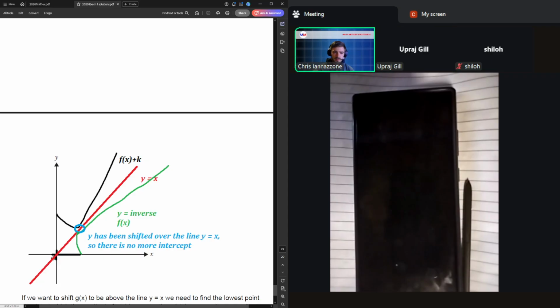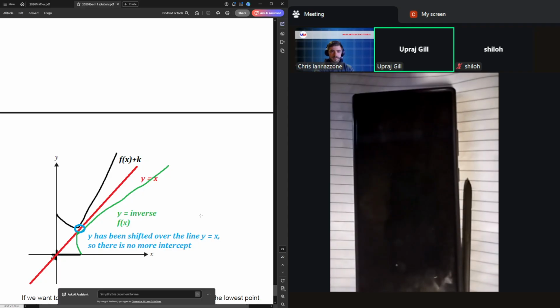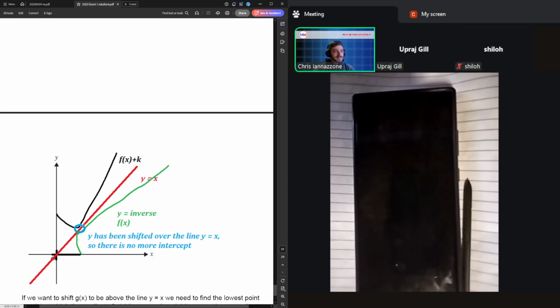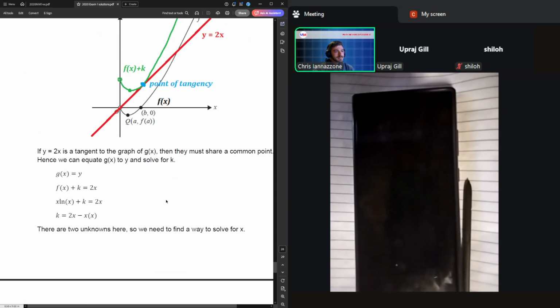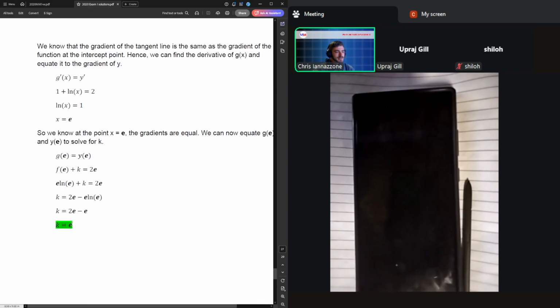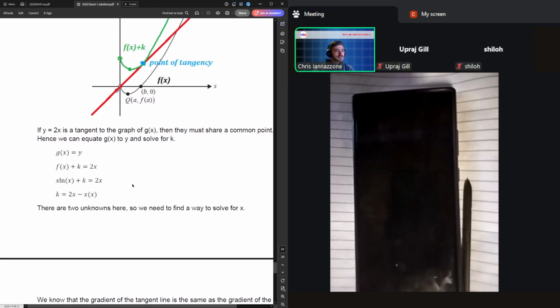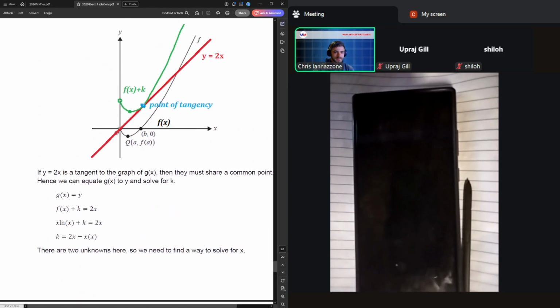Why two on e? My thinking is that the x coordinate of the turning point is one on e, right? Yeah, okay, so you're still thinking turning point. I'll point out the other time we did this, we didn't actually get the turning point. We had it slightly to the right of the turning point.